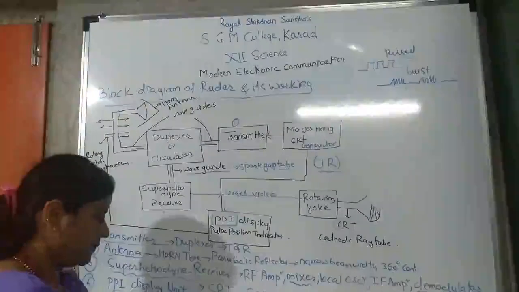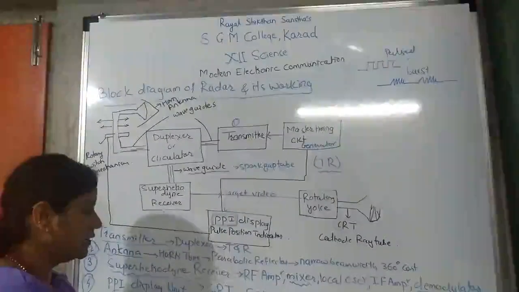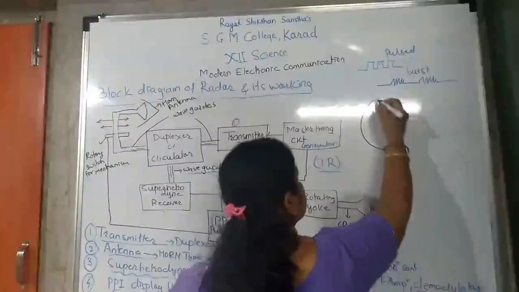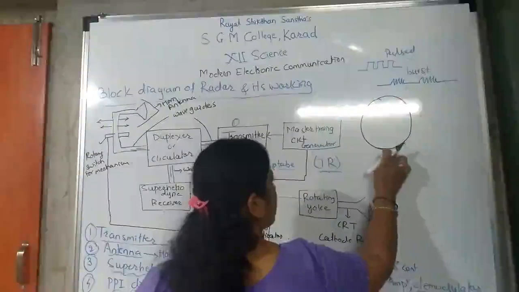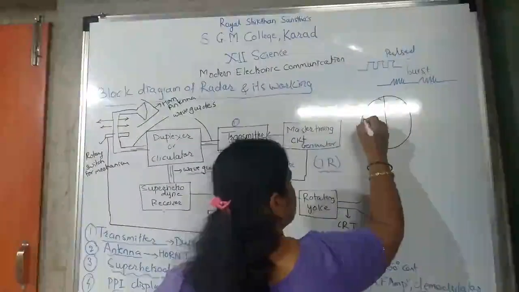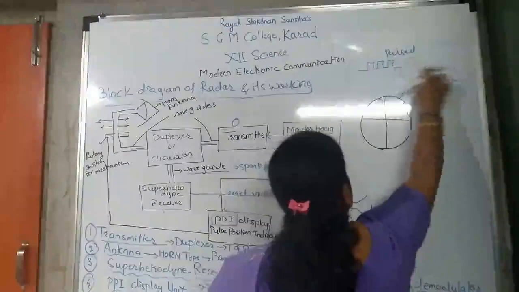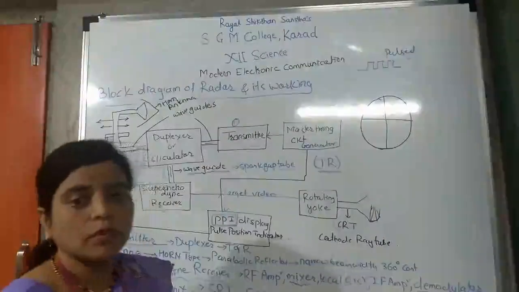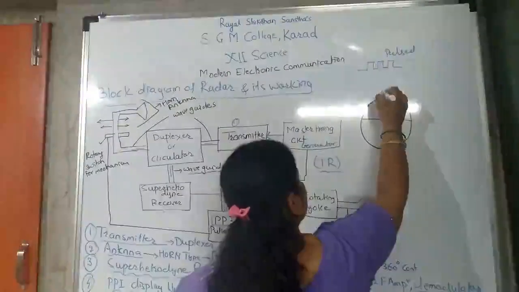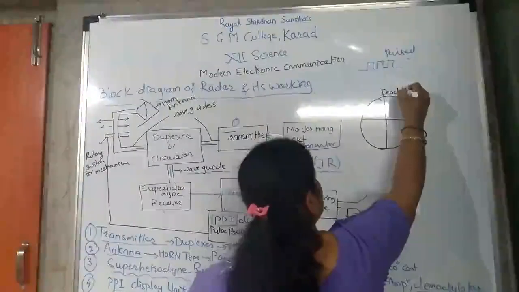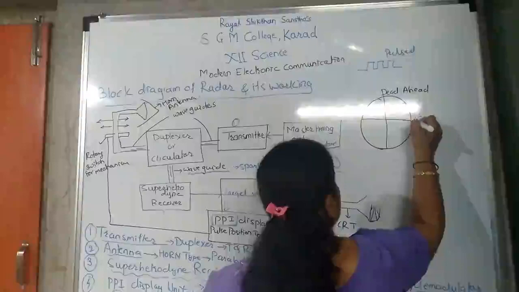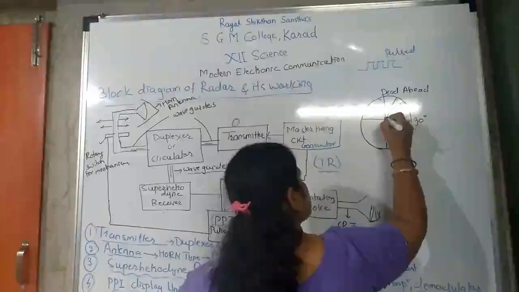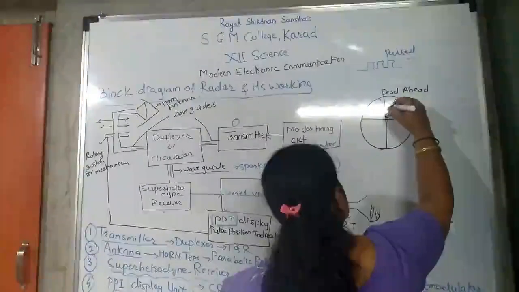So what happened here? See, it is a special type of display which is used in the CRT, which has the scanner. So like this, see, it has four sides. The upper side is called dead ahead, and this is 90 degrees.